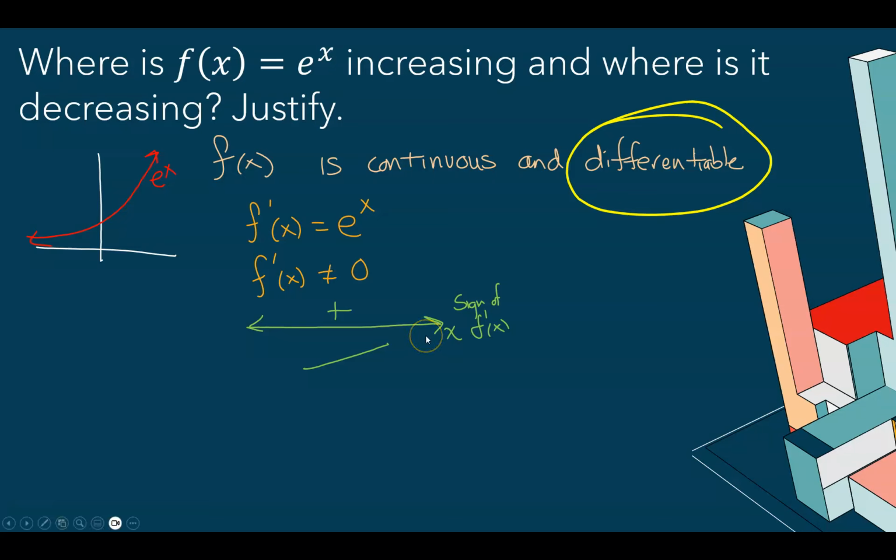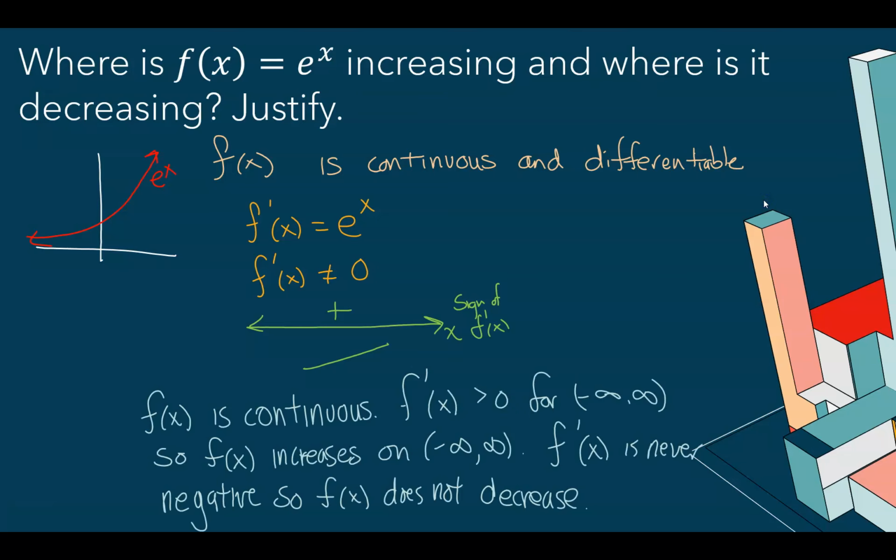And so how are we going to start our conclusion? F is continuous. F prime is greater than 0 for negative infinity to infinity, so f increases on negative infinity to infinity. Always open intervals there. F prime is never negative, so f does not decrease.